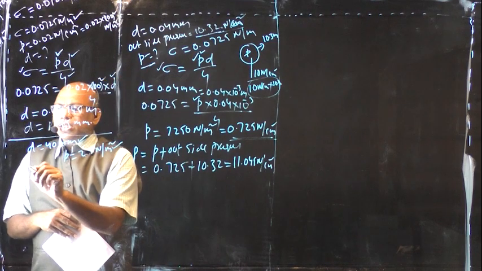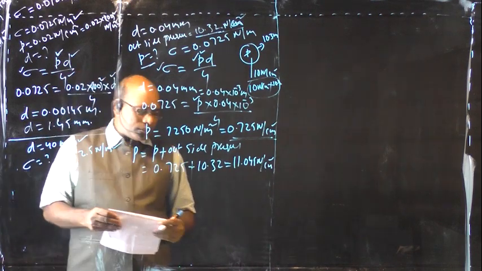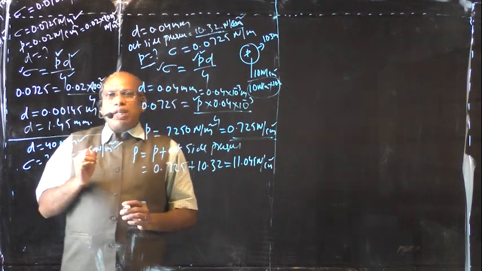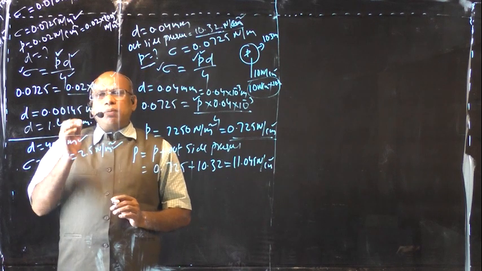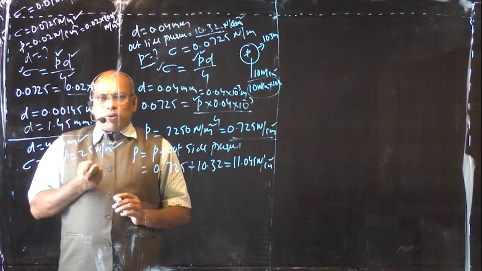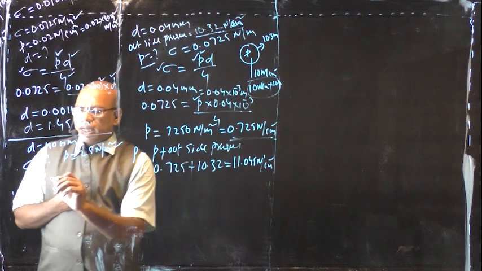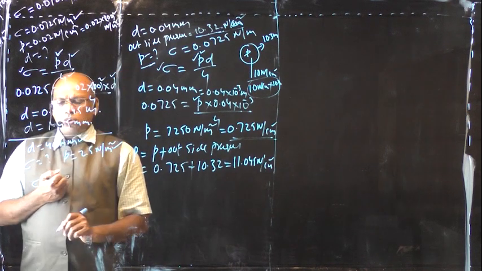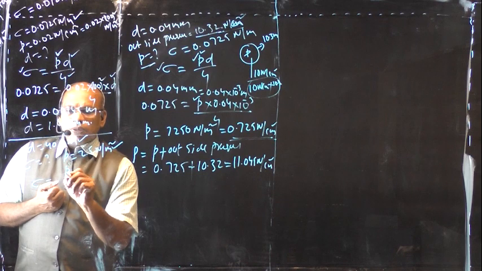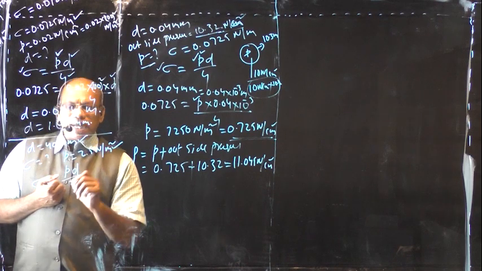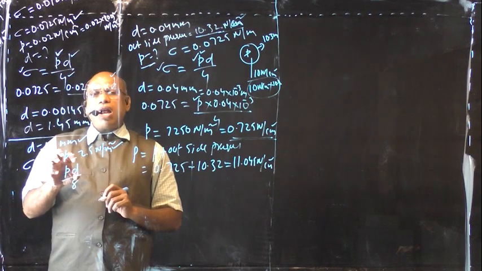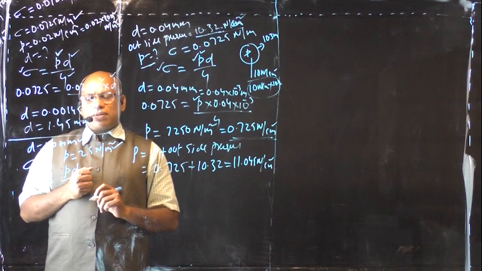What is sigma? I have derived the relation between the surface tension and pressure inside the soap bubble, that is sigma equal to PD by 8. This equation I already derived in the earlier class.